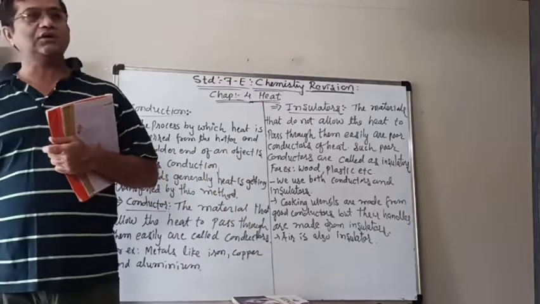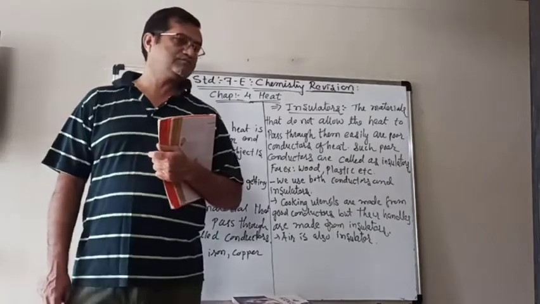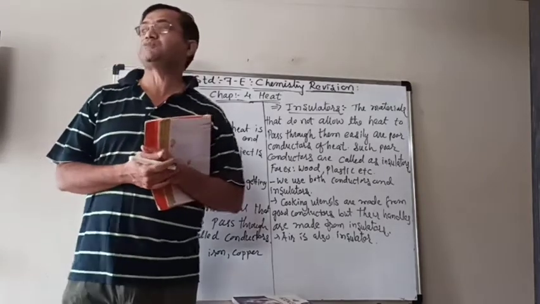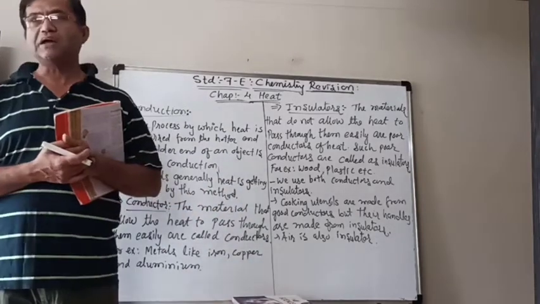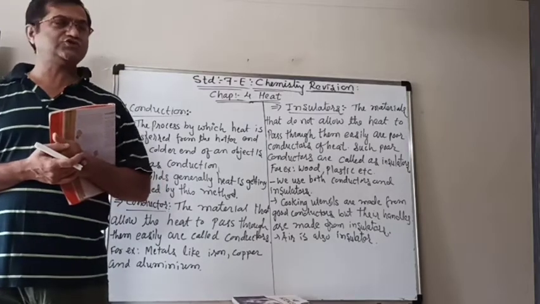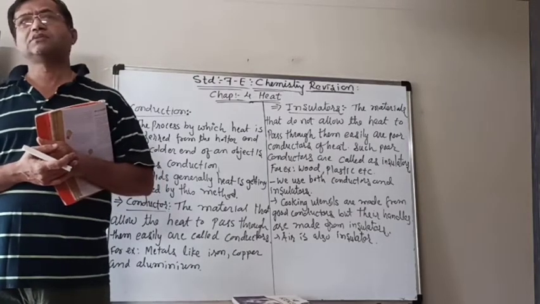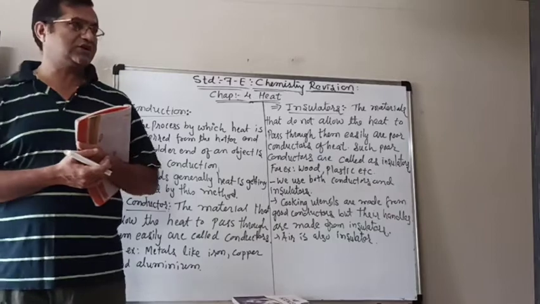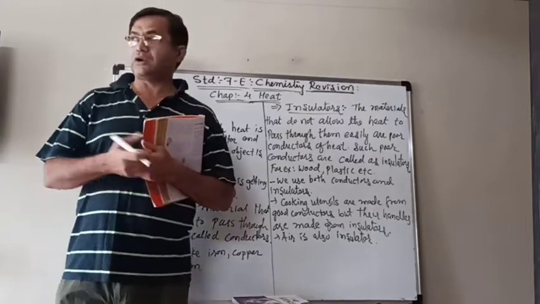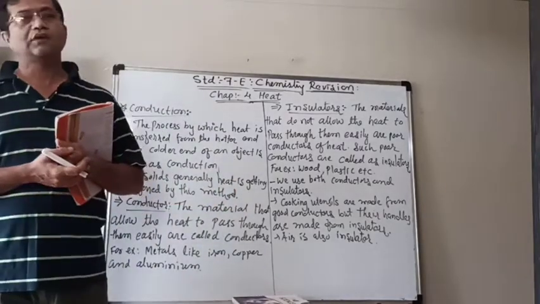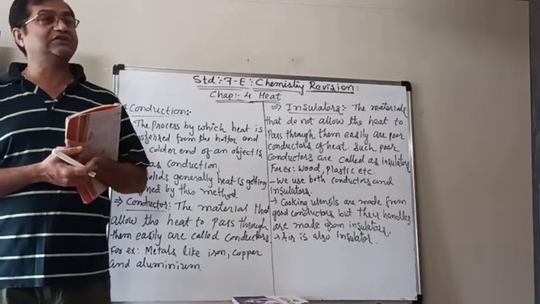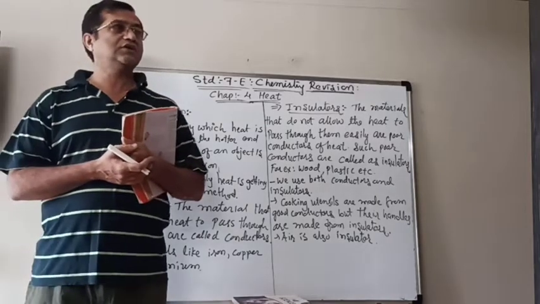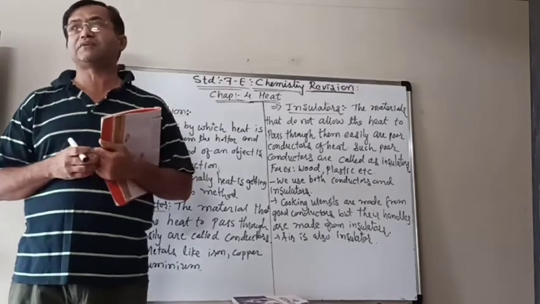We also learned about the different types of thermometer. The clinical thermometer is used for the body temperature of a patient or a human being, and another is the laboratory thermometer.